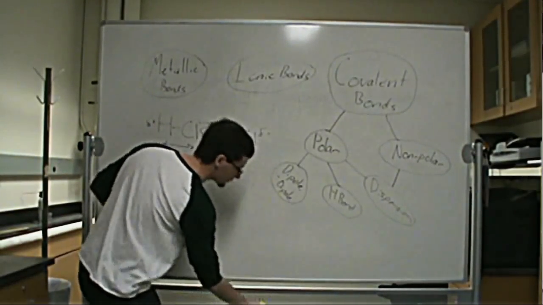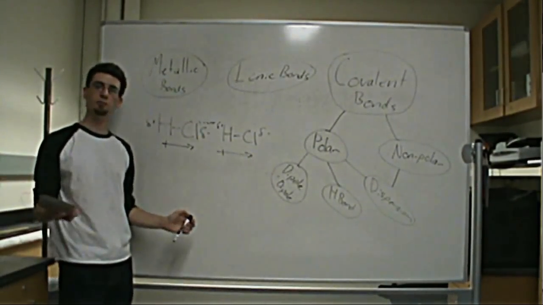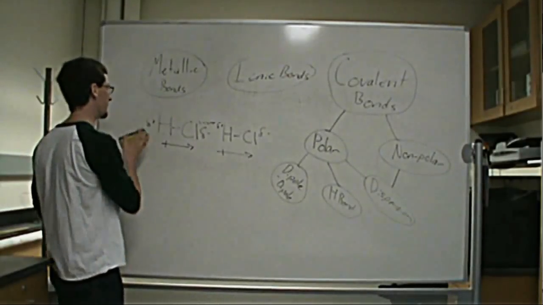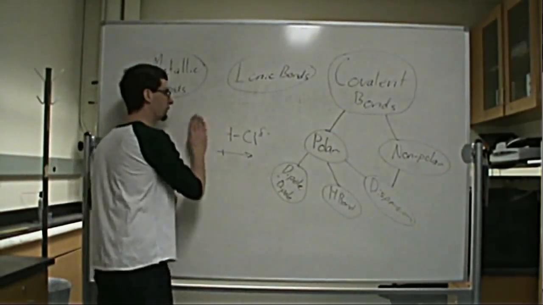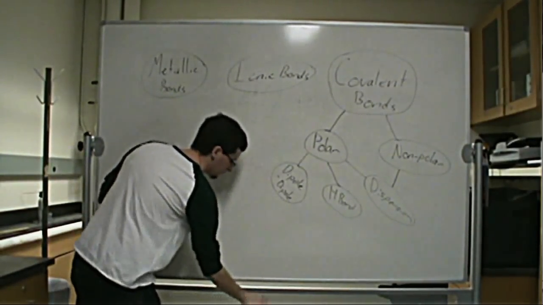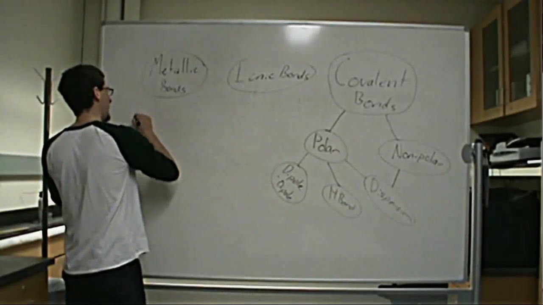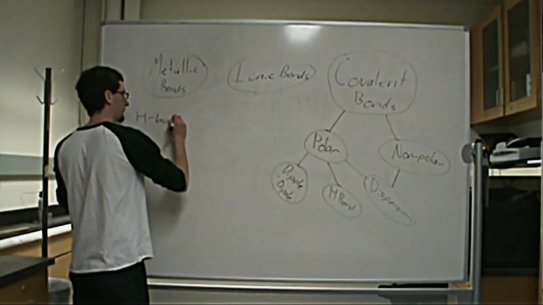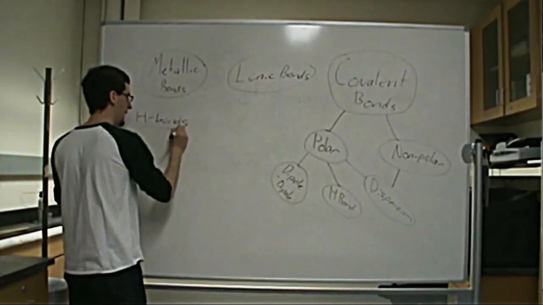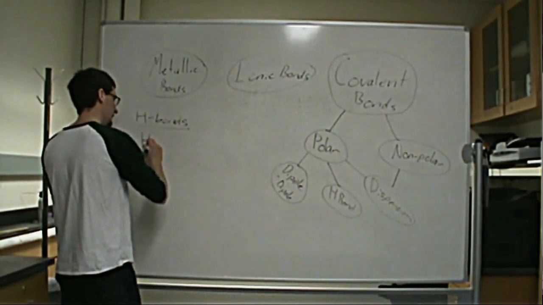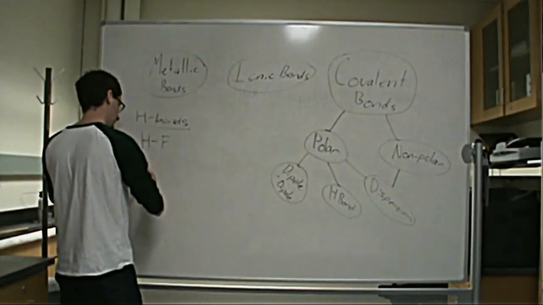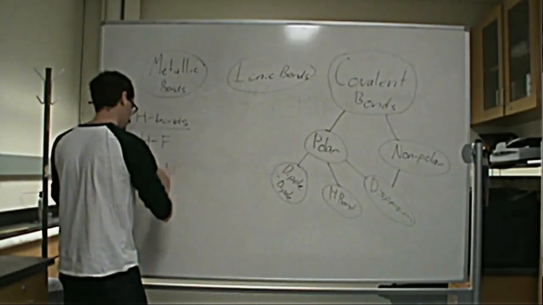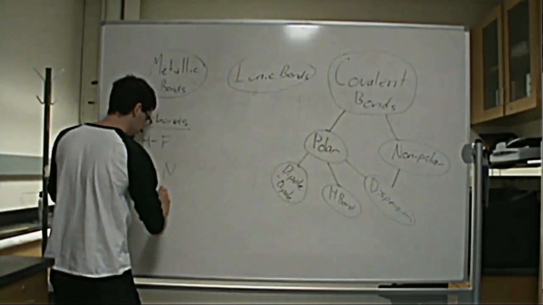So what about hydrogen bonds? Hydrogen bonds typically only happen when we have hydrogen with a certain atom. So H bonds only happen with HF, HN, and HO.